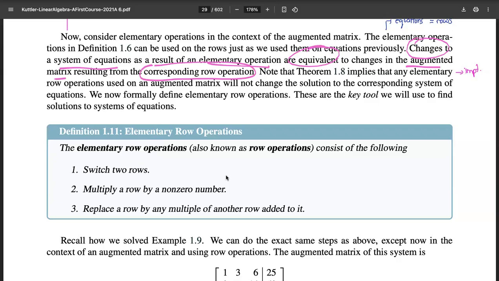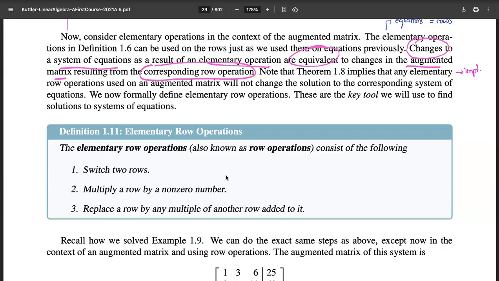The difference in terminology is to make it clear that we are doing the same operation but on a different set of objects, either equations or the augmented matrix. We just want to be clear what we are dealing with when we use the operation.